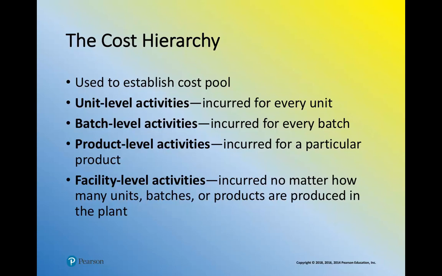Batch level activities are incurred for every batch. As we go through and we're setting up our machines for this particular run of products, that's what we mean by batch level activities. If you think about a company that makes shirts, one day they're going to set up all the equipment so that they can make blue large t-shirts. They have the dyes, they have the fabrics, all that gets set up so that we can go through and make a batch of blue t-shirts.